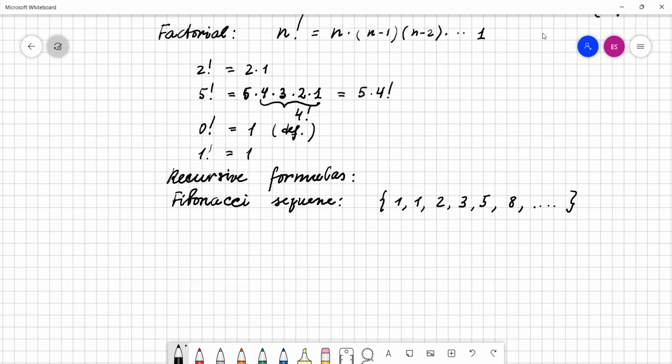So how do we produce numbers in this sequence? Well, they definitely don't look like powers or squares of anything, right? Actually, how do we produce the numbers? We add these two numbers, 1 plus 1, and put the result here. And then add these two numbers, 1 plus 2, and put it here and get 3. And then add 2 plus 3, and put this result over here.